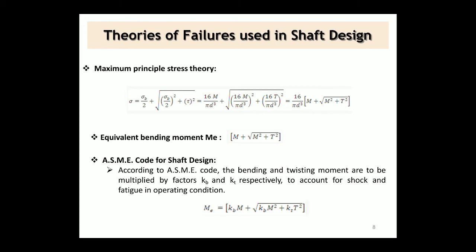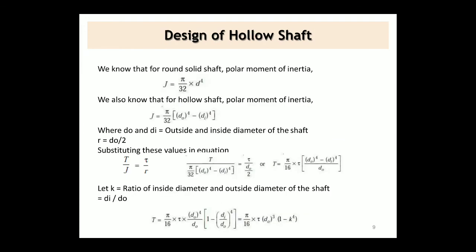Now move ahead with this. We will see the design of hollow shaft. Now the shear stress induced in the cross section of a solid shaft is 0 at the center and increases linearly to the maximum value at the outer surface.